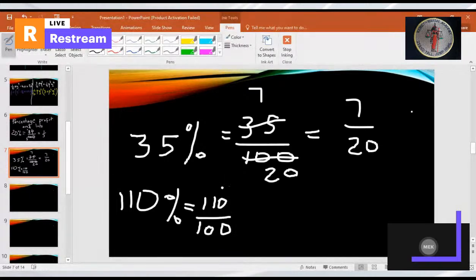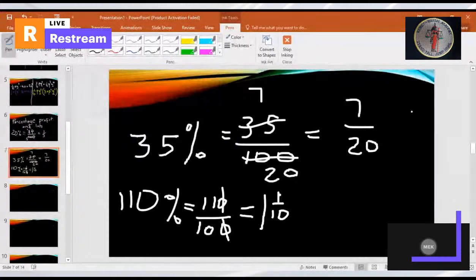We have 11 over 10, and we know that is 1 and 1 over 10. So what it really means, if we have any percent that's more than 100%, is that we're talking about more than one whole plus some more. So this is one whole, and then we have another whole that we have divided into 10 parts, and we're talking about one out of those 10 parts. So 110% means one whole thing plus 1/10 of another thing.